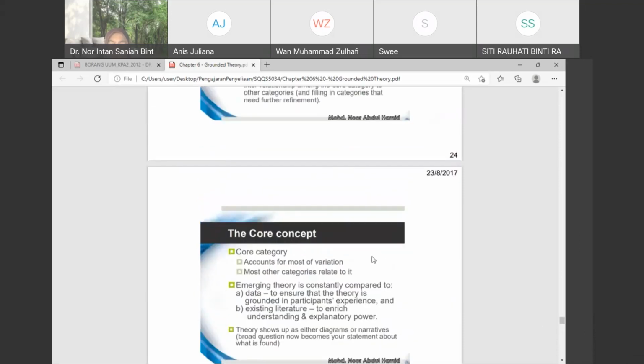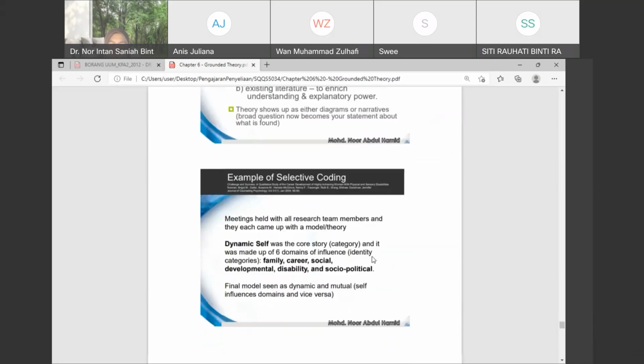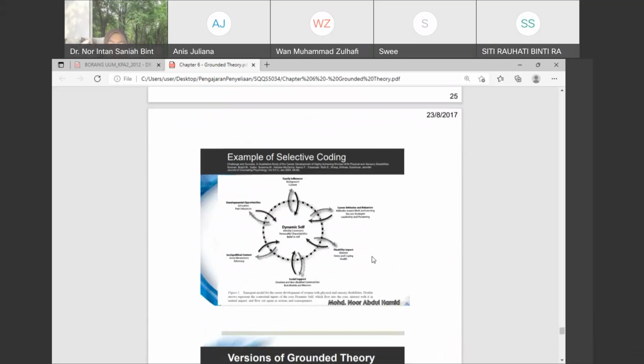Limit tu dia tak ada, Wan. Cuma kalau kita nak make it as more, kita tak adalah sampai 20, kita tak akanlah sampai congested one stage kan. So as long as kategori tu can be picture out as one model, should be okay.